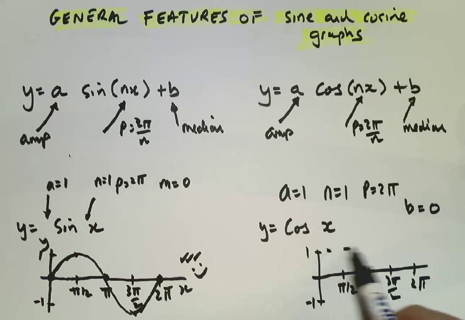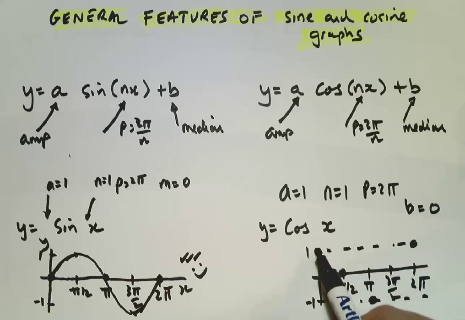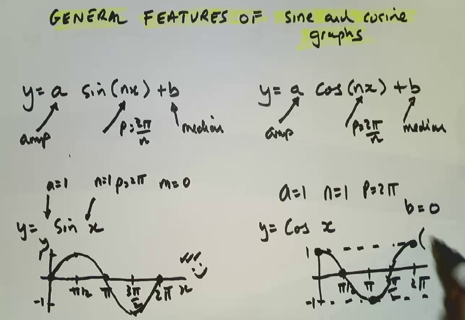I'll put in some guiding marks to help me draw the curve. It starts at 1, finishes at 1, in the middle would be -1, there, and the curve looks like there, and labelling my endpoint 2 pi and 1.